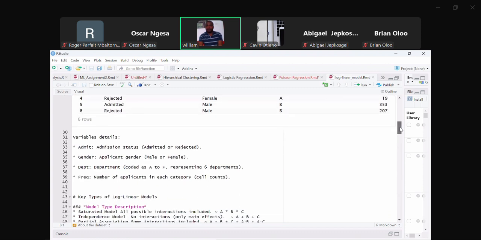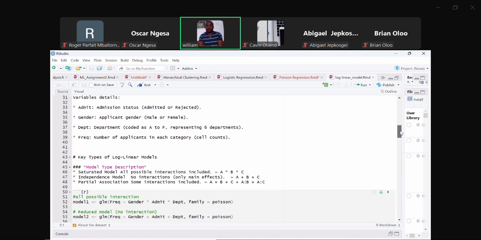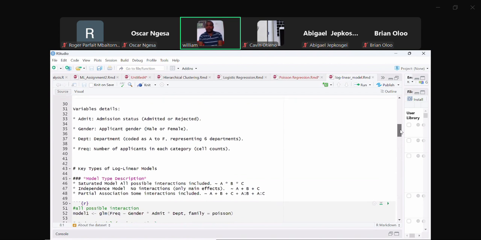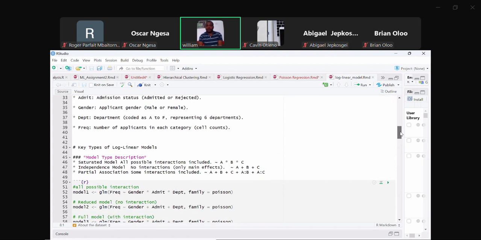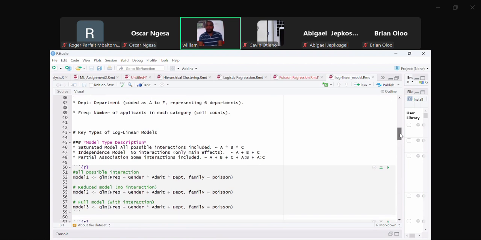For admission, we have admitted or rejected. Gender, we have male and female. Department, we have A to F, representing 6 departments. And then we have frequency, which is just a cell count.